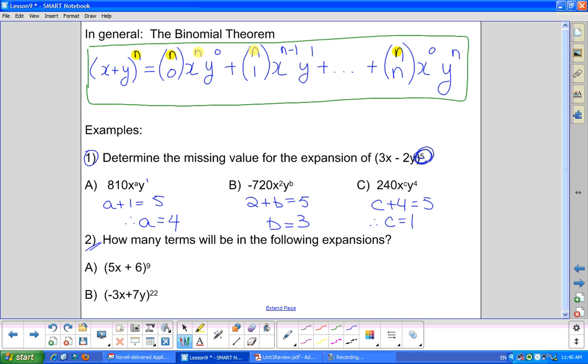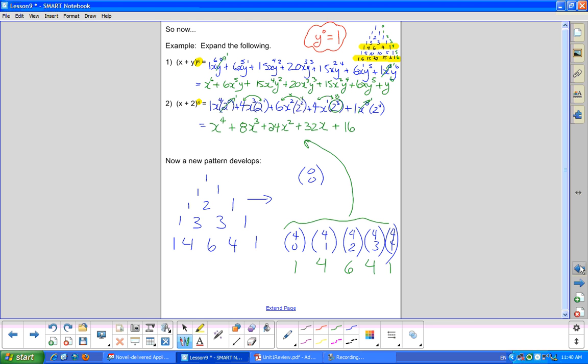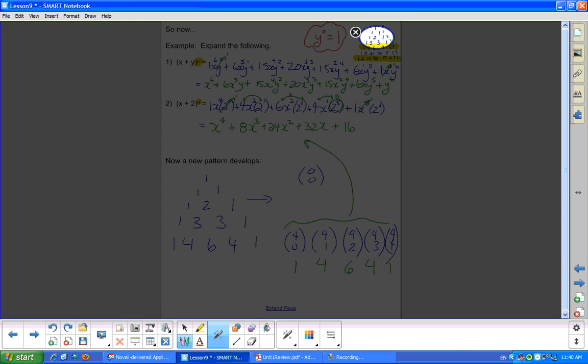So question number 2. Remember that Pascal's triangle, no matter what row you're in, there is one more term than the row number. So for the row at the top here, we see 1, 2, 1, it's row 2, but there were 3 terms in it.